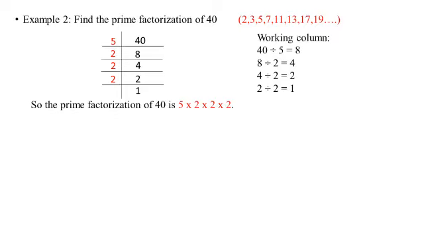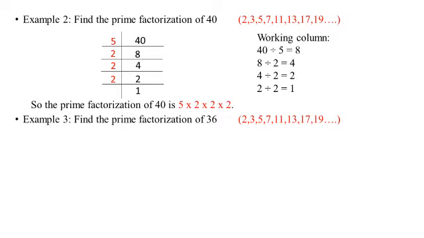Let's do one more example. Let's find the prime factorization of 36. Since 36 is an even number, so 36 is divisible by a prime number 2. On dividing 36 by 2, we get 18.